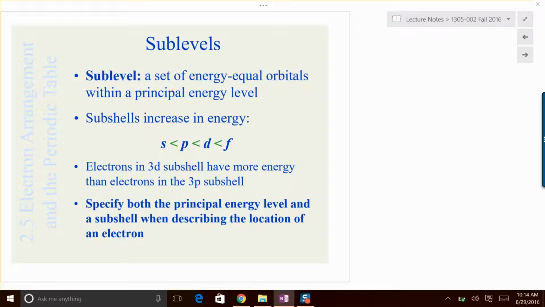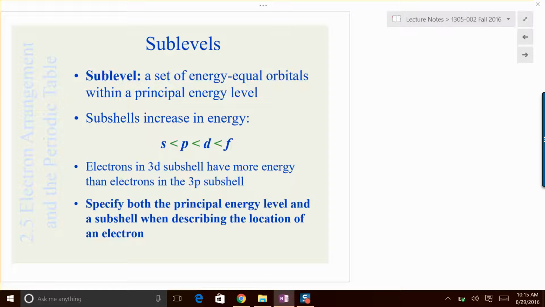But we saw a little bit of an exception to that after we got here. We said P, S, then D. That's because the 4S is lower in energy than the 3D. It's easier to put those electrons on the outside in the S than it is to shove them into that third energy level, which already has electrons in it, into that D sub-energy level.